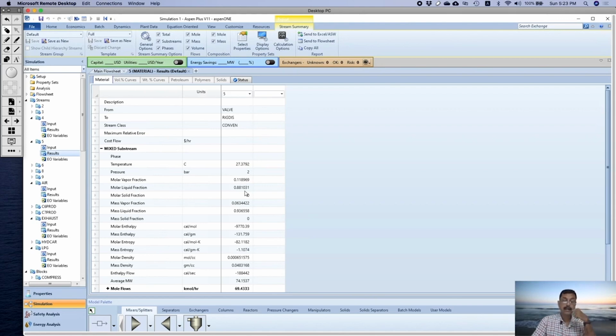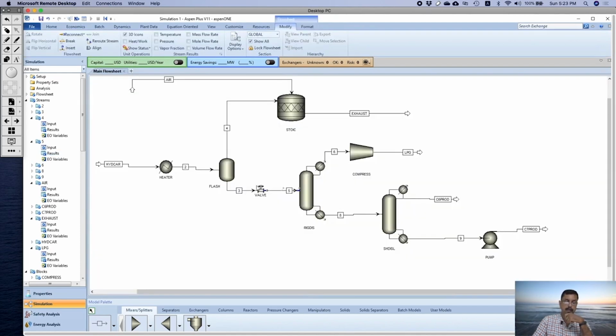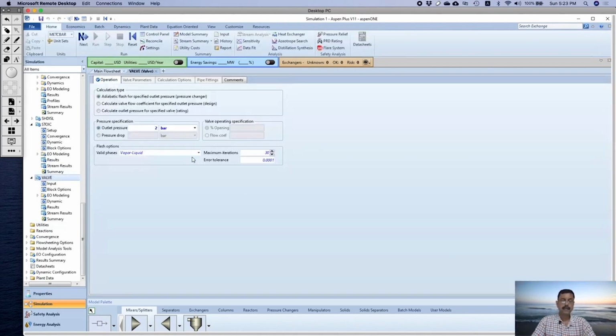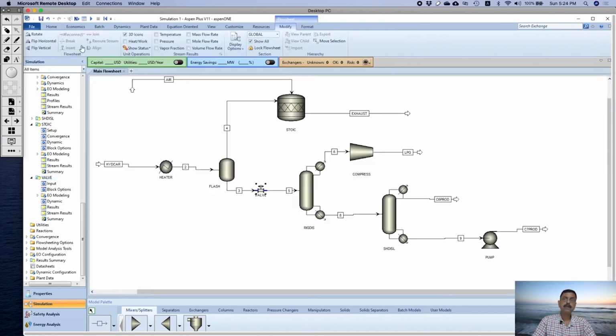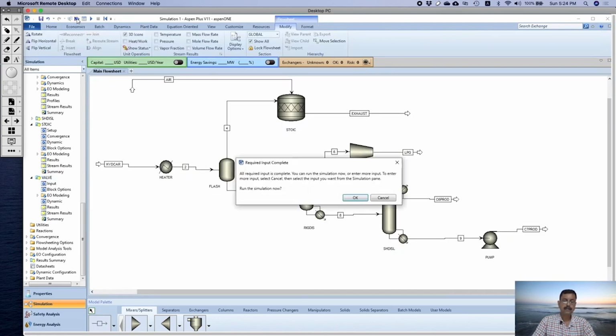So remember, it is 88.10% for 2 bar pressure. Now let us say it is 5 bar, and for 5 bar it should increase from 88% to something. Let us see whether it increases and to what extent it increases.